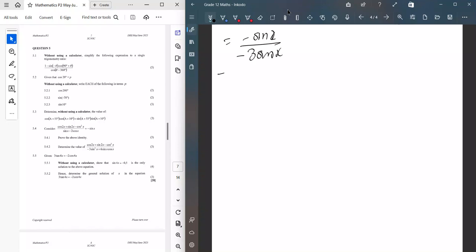Can you see it now? What is this? This is simply 1 over 3. Happy? This is simply 1 over 3.